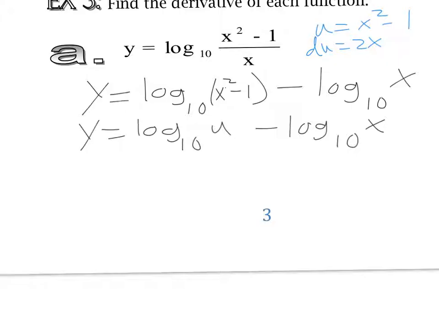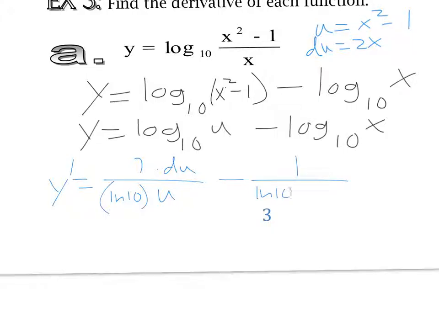Here we go. So the derivative now, this would just be 1 over the natural log of 10 times u, and then times du. I'm just going to put that on the top, minus 1 over the natural log of 10 times x, and x is not a more complicated function, so I don't need to worry about the chain rule there.